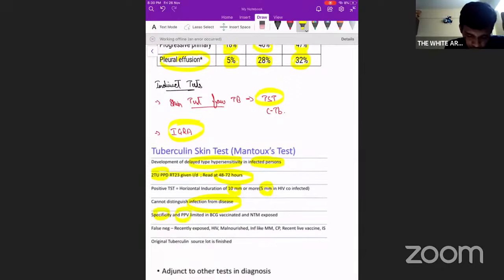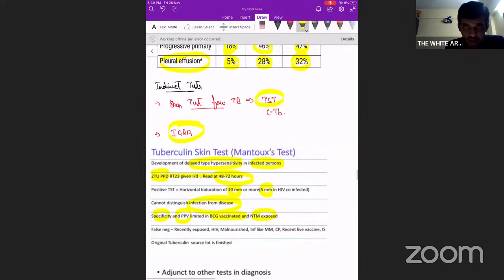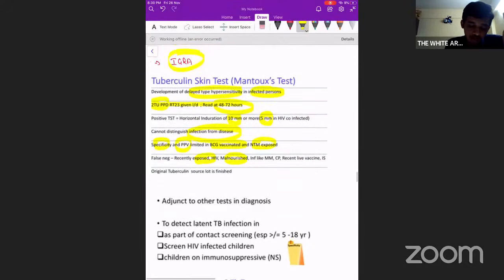Specificity and positive predictive value are limited in BCG vaccinated children, and it can come positive even with non-tuberculous mycobacteria. There can be false negatives when there is a poor immune system, like recently exposed HIV, malnourished children, etc. So it is just an adjunct to other tests in the diagnosis of tuberculosis.